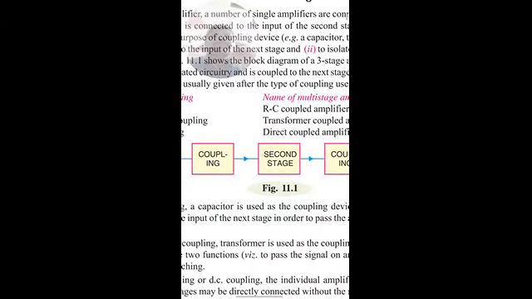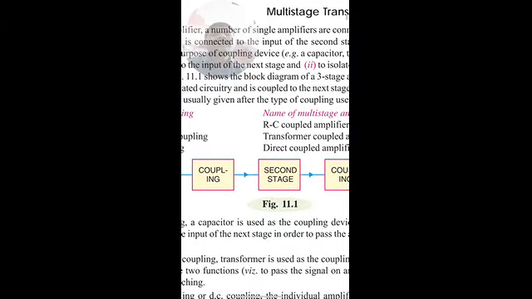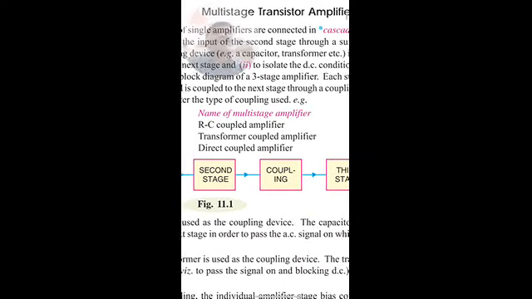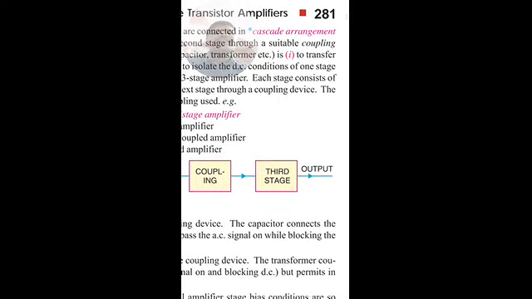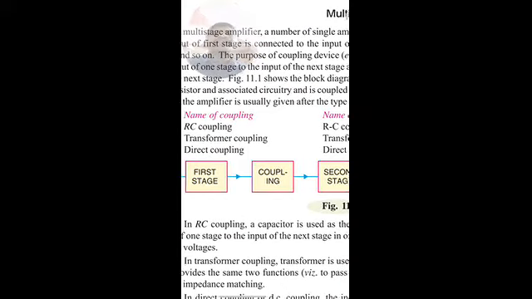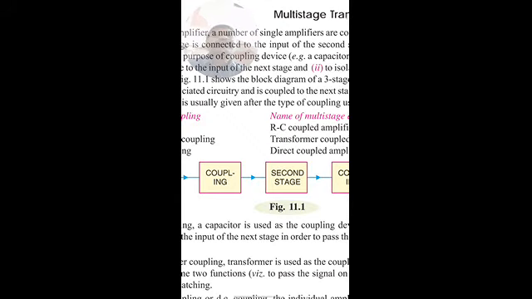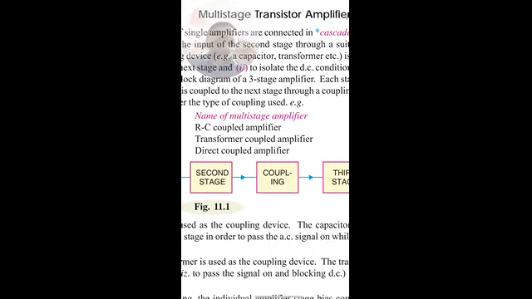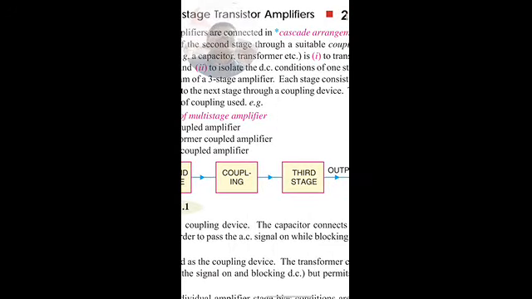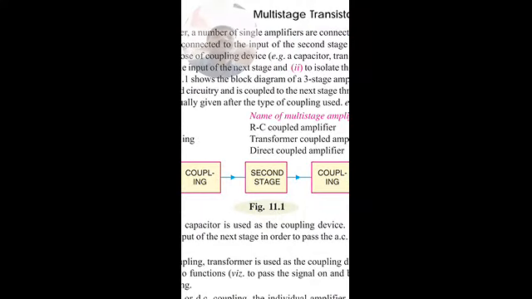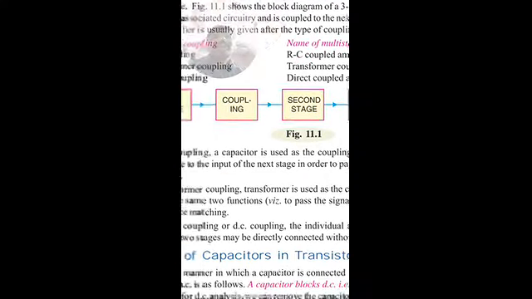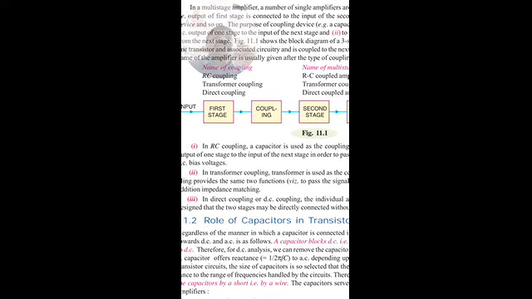The purpose of the coupling devices here is to transfer the AC signal from the output of one stage to the input of the next stage, and also to isolate the DC biasing conditions of one stage from the next. Coupling may be achieved in different ways: RC coupling, transformer coupling and direct coupling.